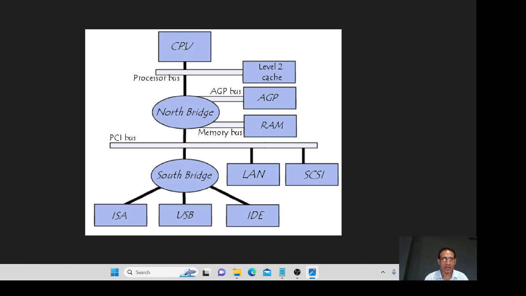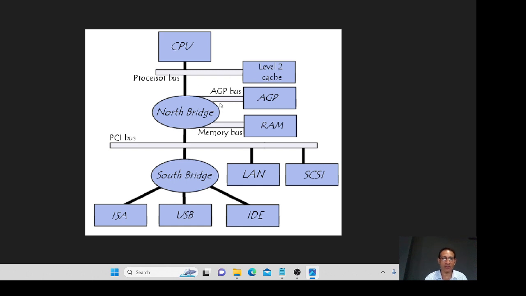The CPU, the processor, is directly connected to the north bridge, and AGP, the advanced graphics port, like video adapters, is connected to the north bridge. The RAM is directly connected to the north bridge. And the L2 cache, which I have mentioned is the cache available on the motherboard, is directly connected to the north bridge.